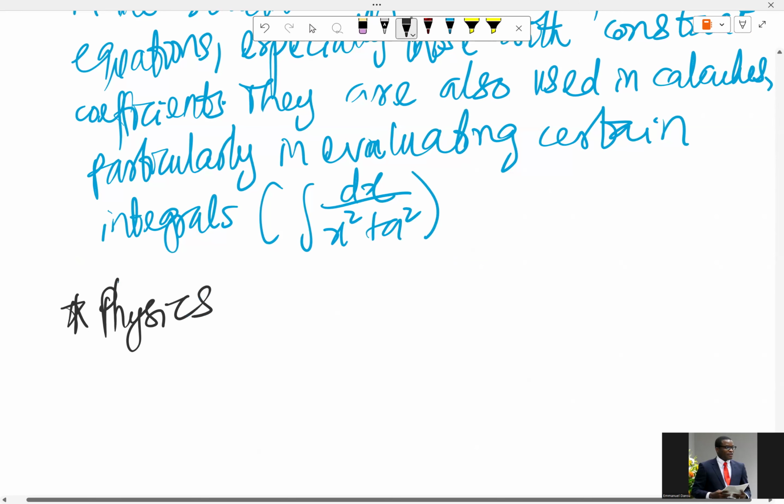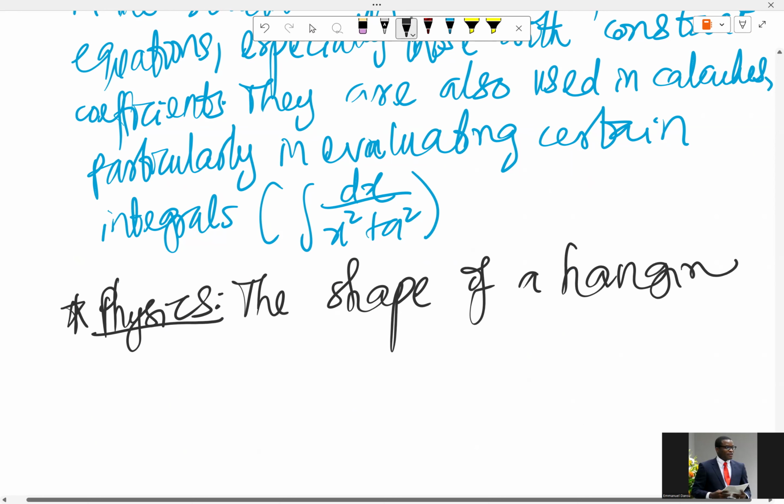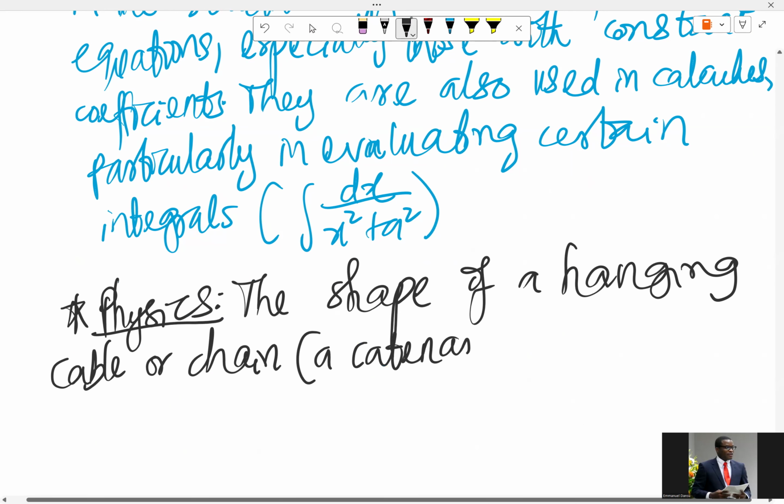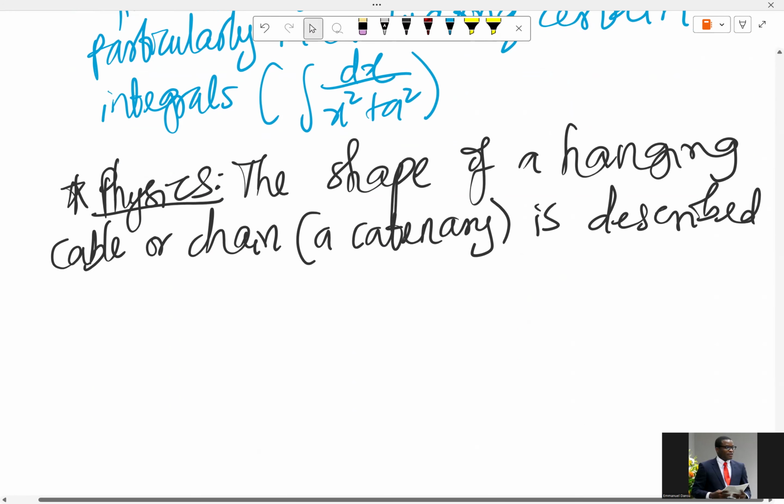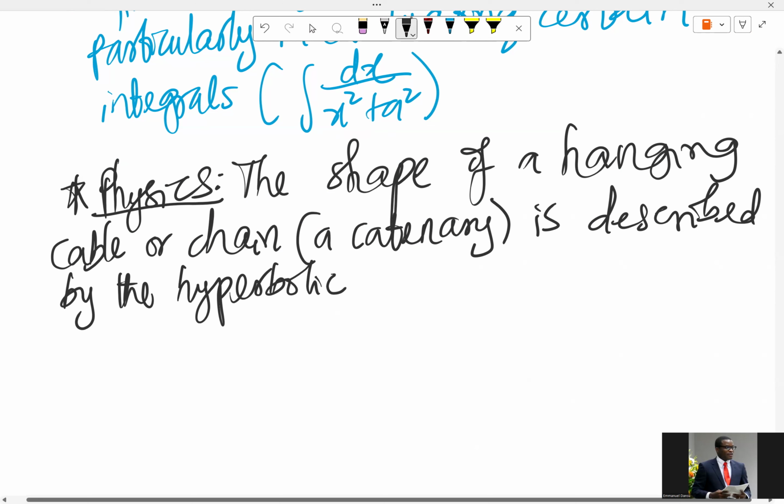In physics, the shape of a hanging cable or chain, which is called a catenary, is described by the hyperbolic cosine function.